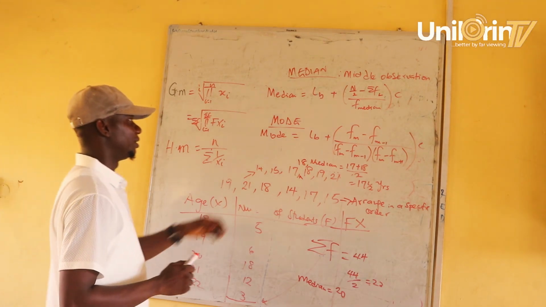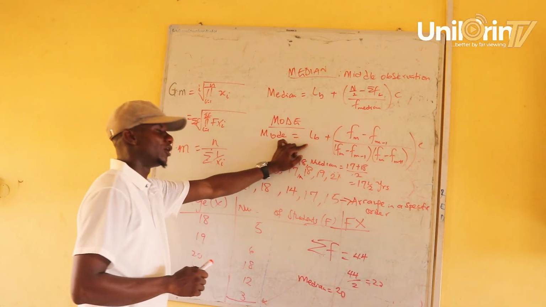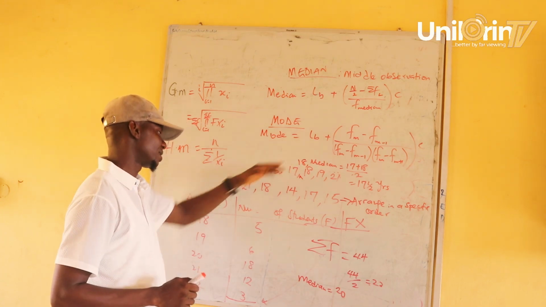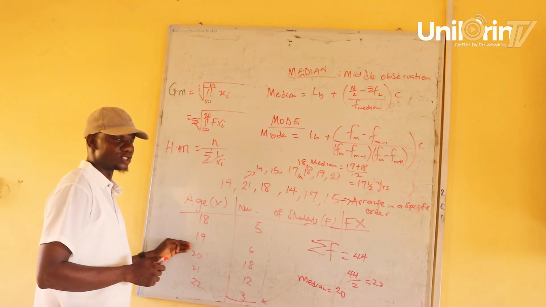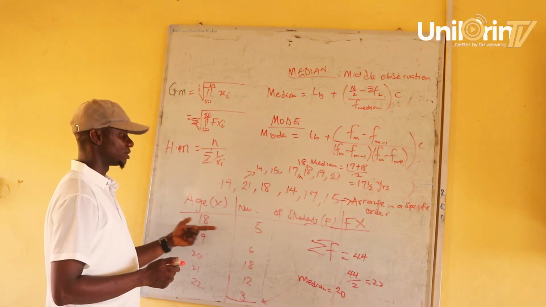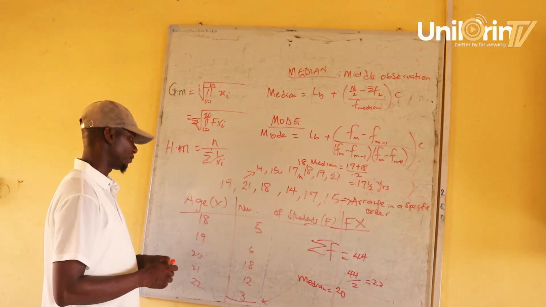LB is the lower class boundary of the modal class. What do we mean by the modal class? The modal class is the class that contains the mode, and it is the one that has the highest frequency.